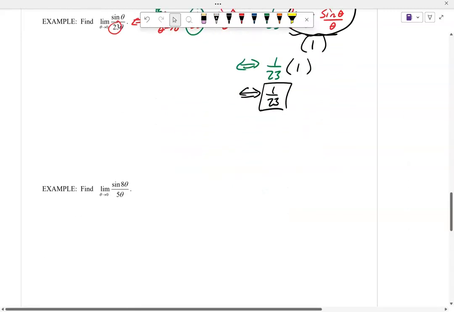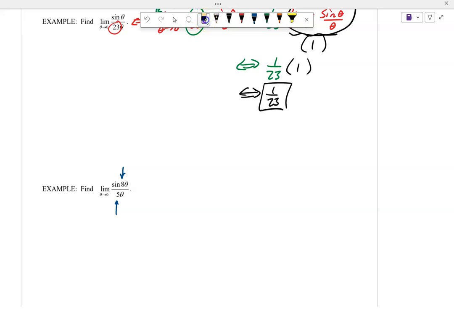All right, let's look at this one now. Notice on this one, it's not like I can take out that 8 right there, right? I'm stuck with that thing inside. Of course, that 5 right there, I can take out a 1/5, but that's not going to help me a whole lot.